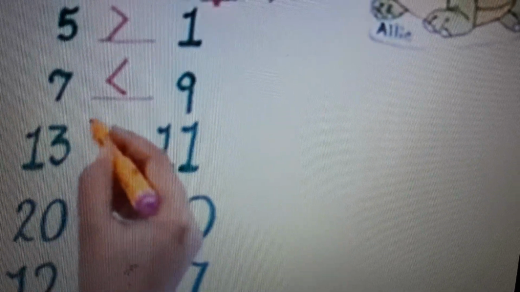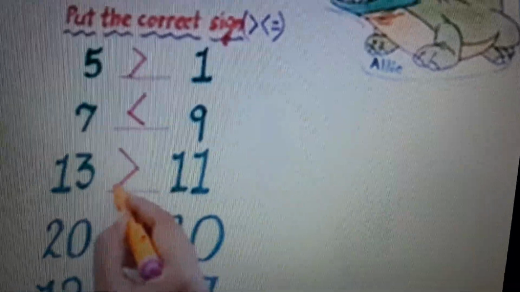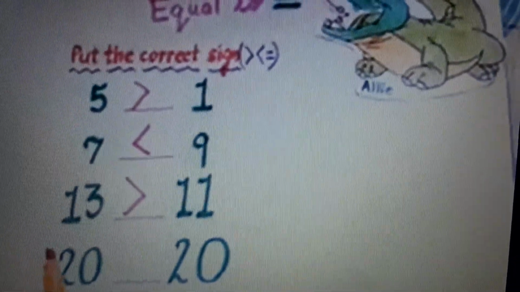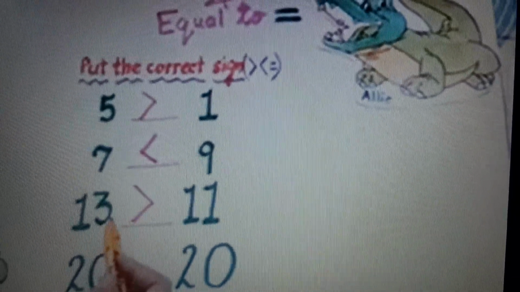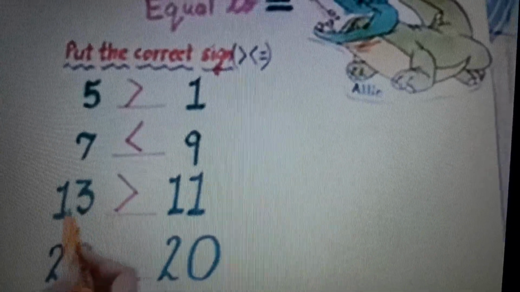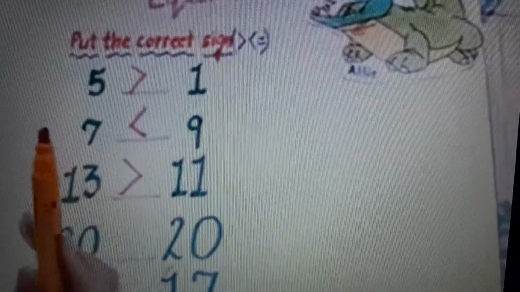And now we have learned how to make the sign of greater than. Yes. Like this we are going to make the sign. Now let's move to the next number.